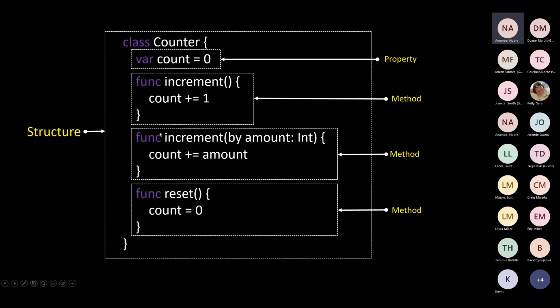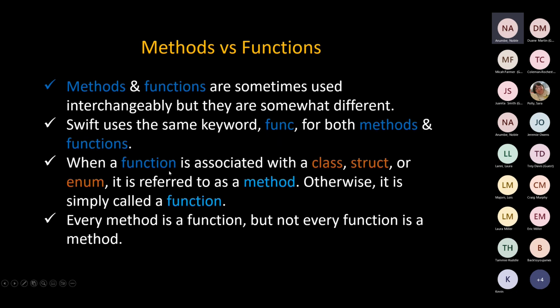So technically they are functions, but they are unique because they are attached to specific classes or structures. Now, when a function is associated with a class, a structure, or an enumeration, which I'm going to talk about, it is referred to as a method. That's the point. Once there's an association between a function and a type, then it is referred to as a method. Otherwise, it is simply called a function.